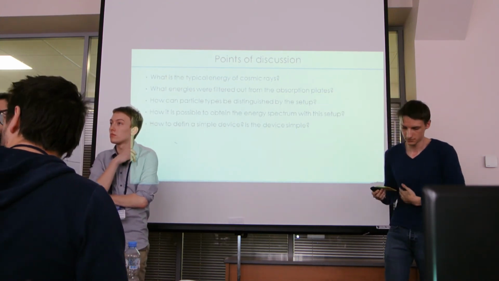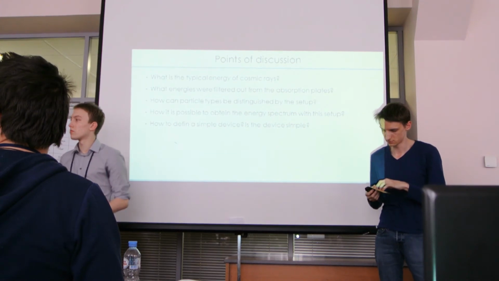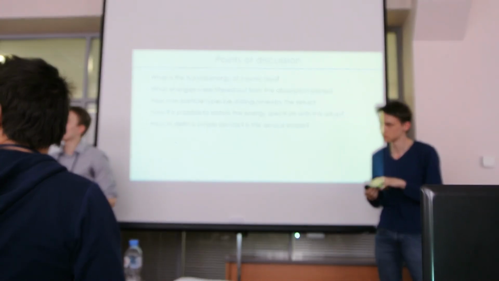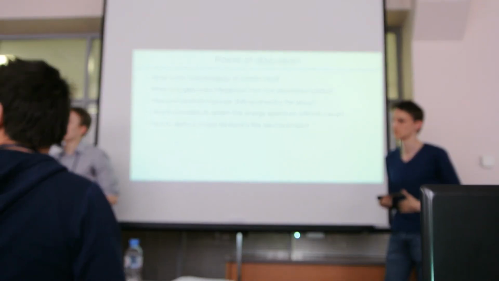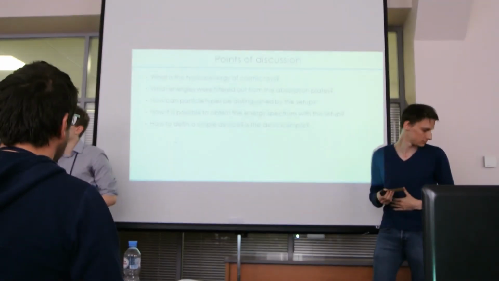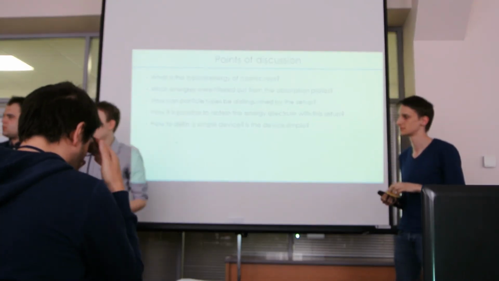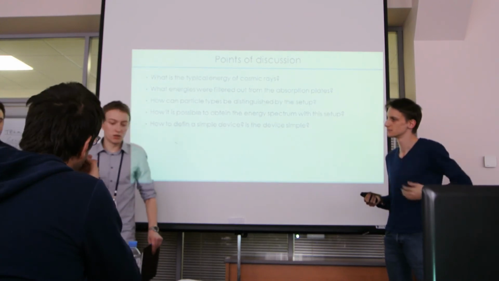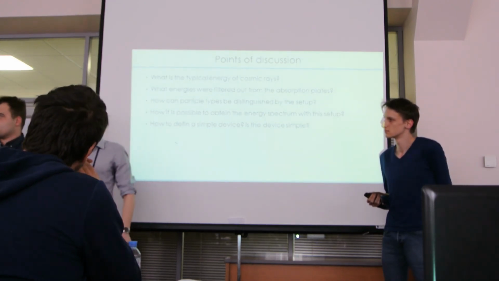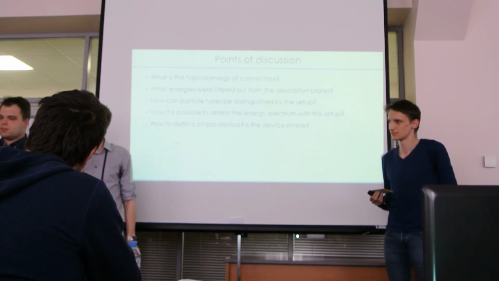Okay, so in the problem it's stated to test the device under different conditions. What different conditions do you think you could use, and what influence would they have? We could measure, for example, the cosmic radiation at sea level and also on top of a mountain, and for example in the basement.